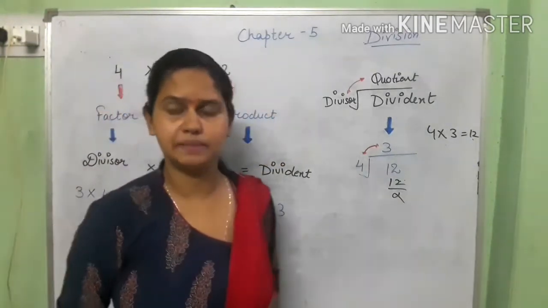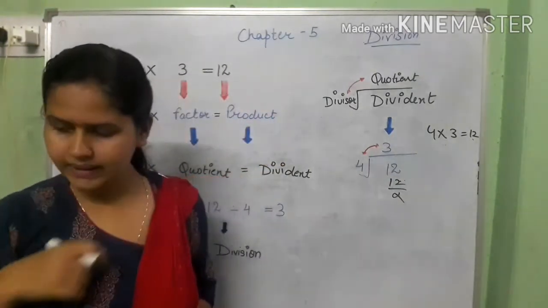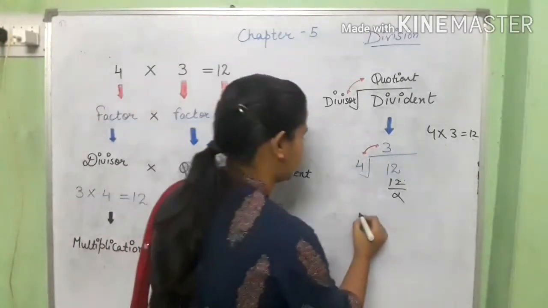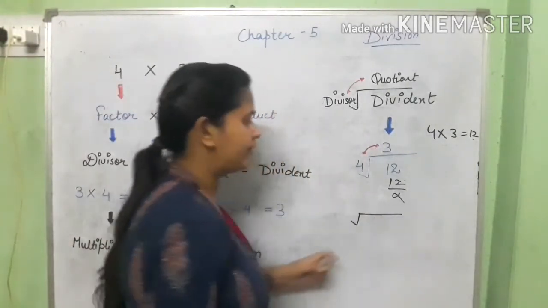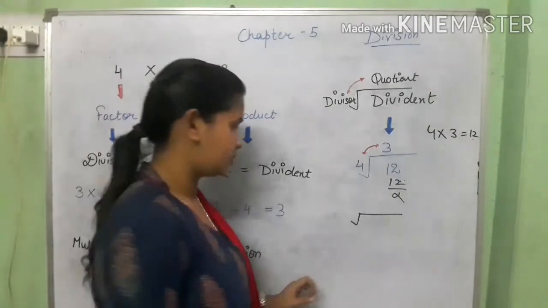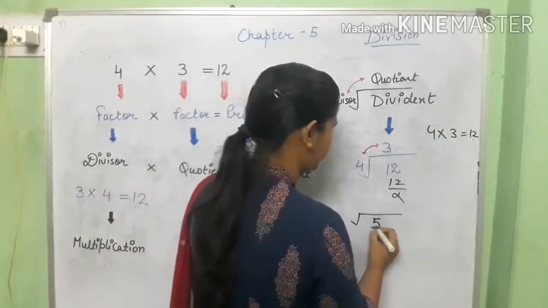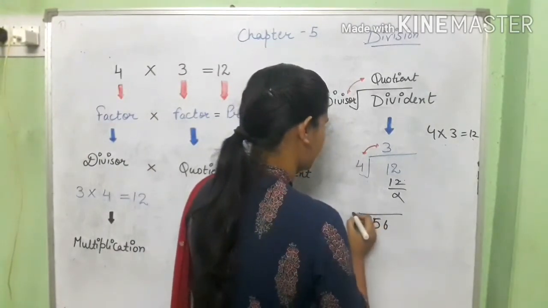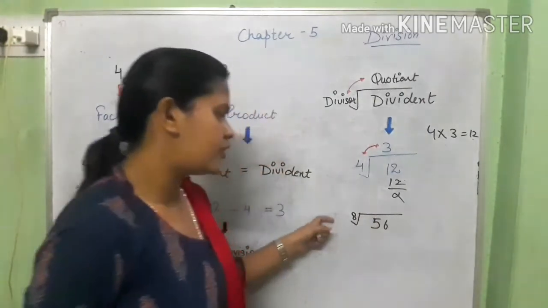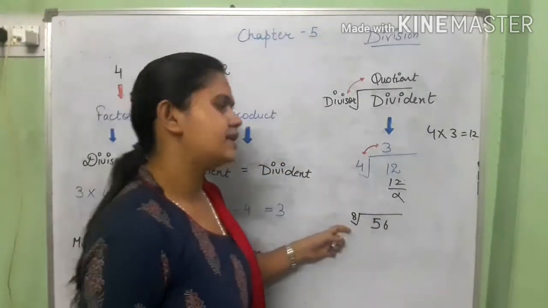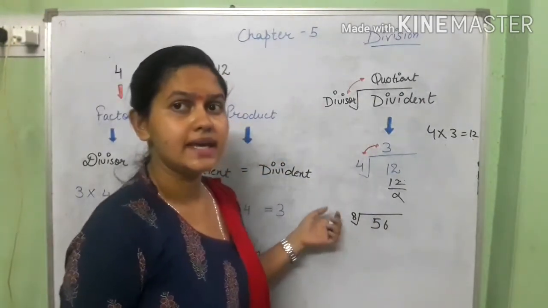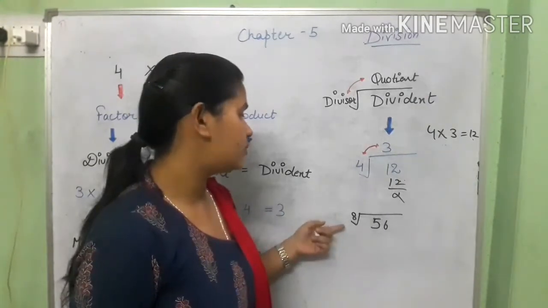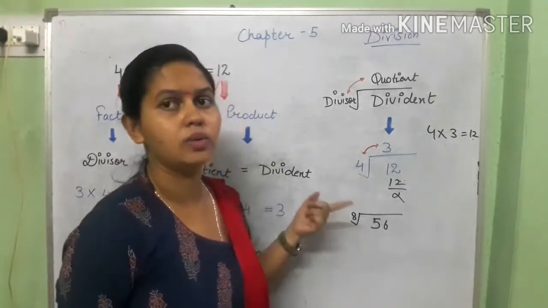Now one more example. I will take 56 here, and 8 will be here. Now we have to see the table of 8, which means by which factor we have to multiply.